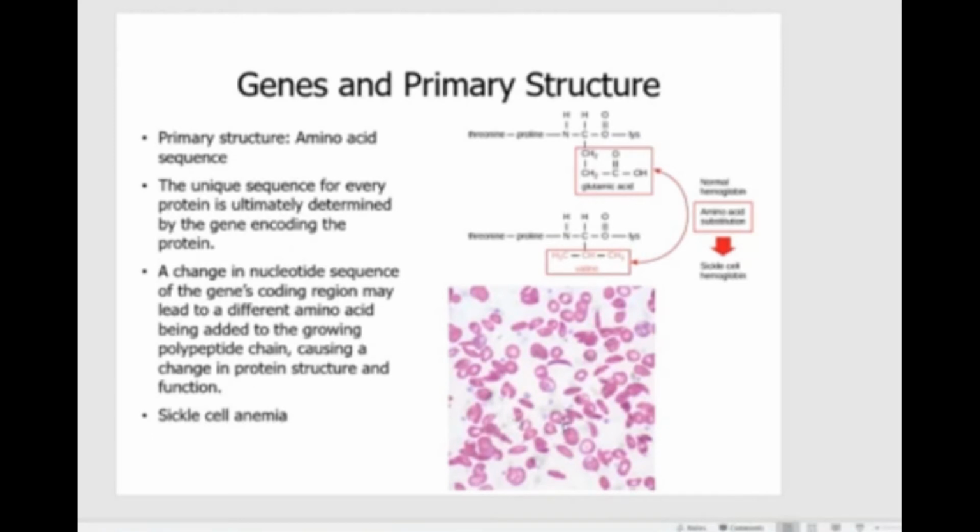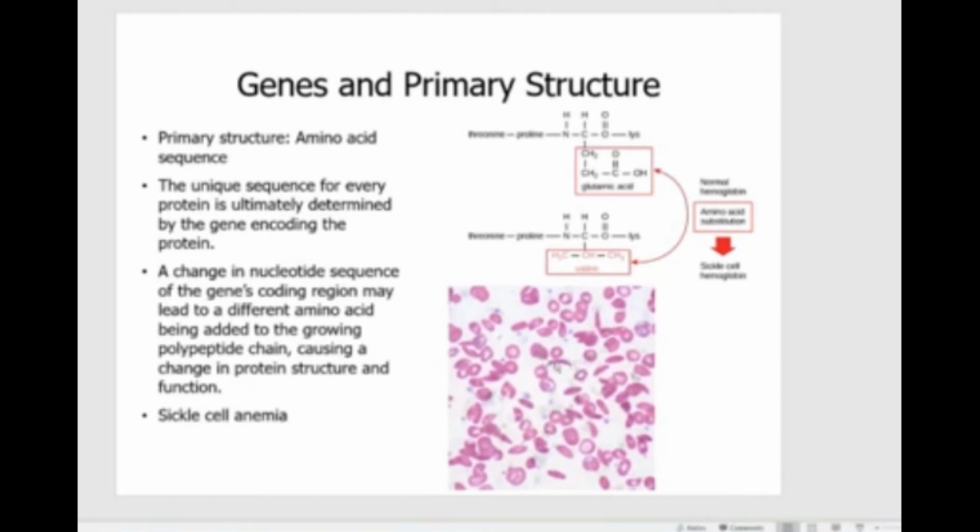So instead of a more globular structure, the abnormal proteins tend to form clumps and aggregate. So they're going to form a more linear structure. So instead of normal red blood cells, as you can see over here, you are going to have a sickle-shaped red blood cell. And that's just because the hemoglobin has a different structure.